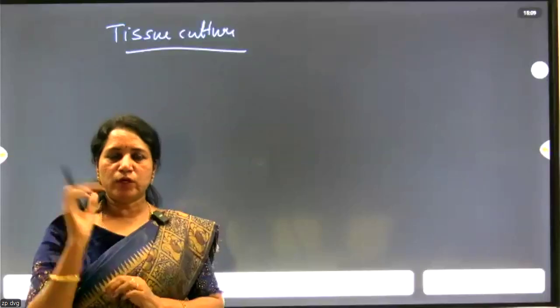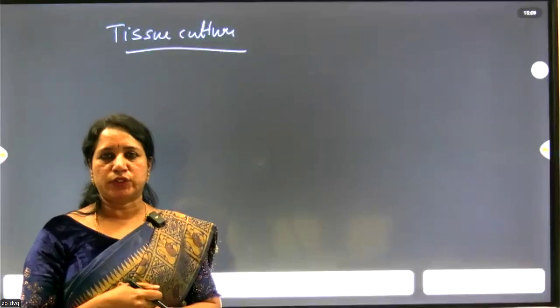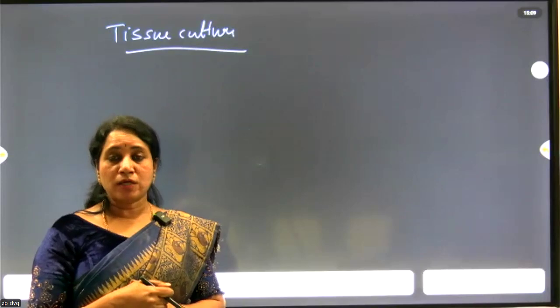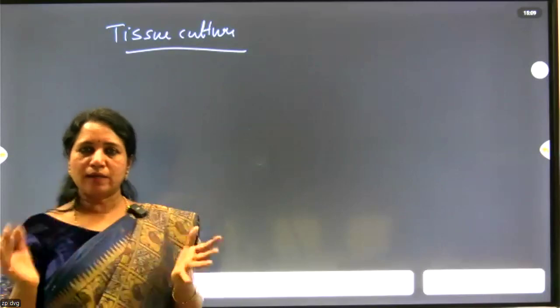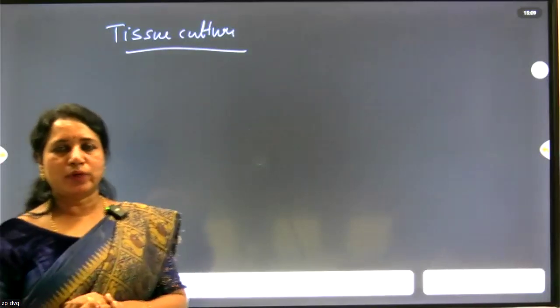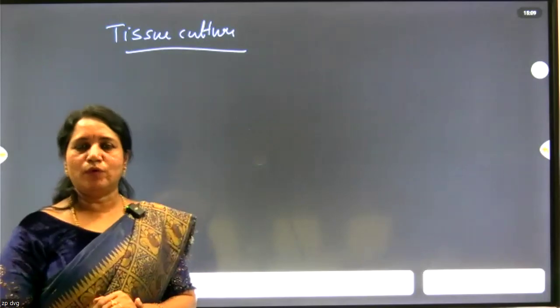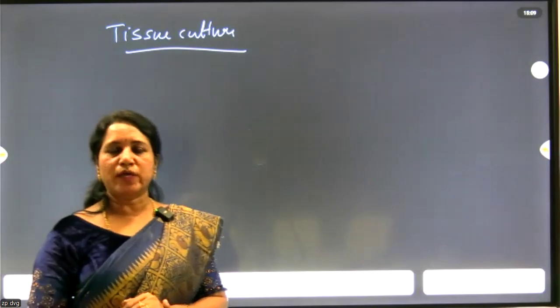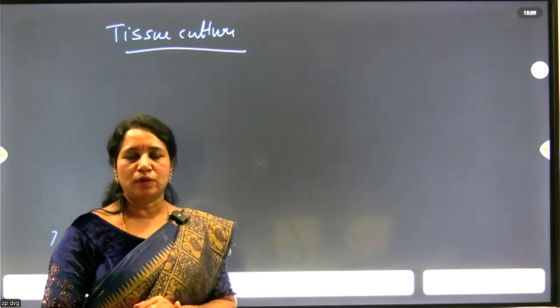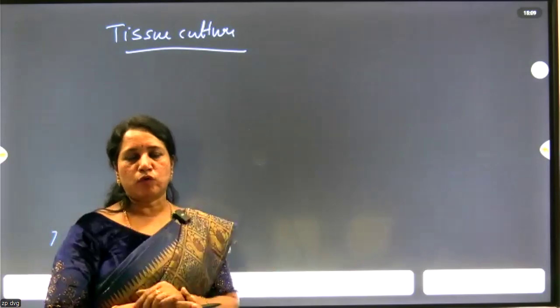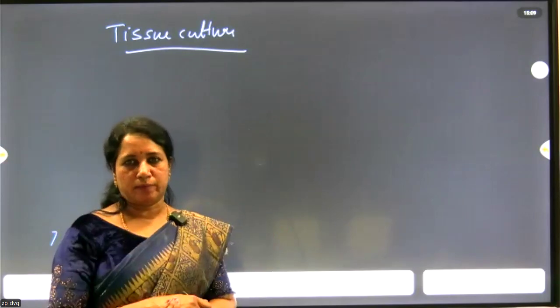That means it is in vitro culturing of parts of the plants, in a sterile condition, in a special nutrient medium. This tissue culture is one of the best methods, because we can grow large quantities of plants in a short period of time.